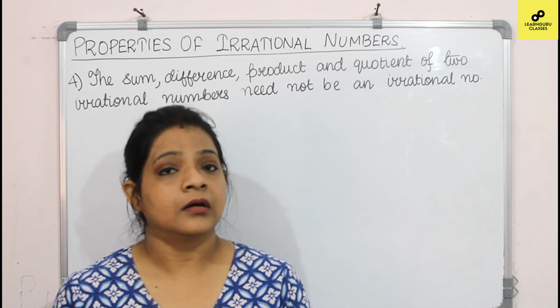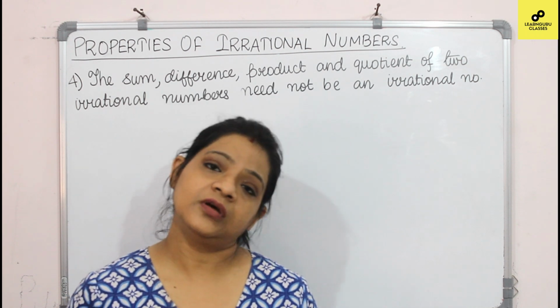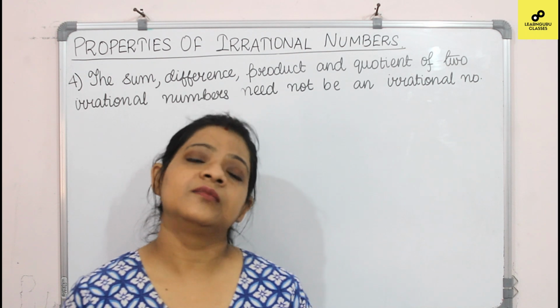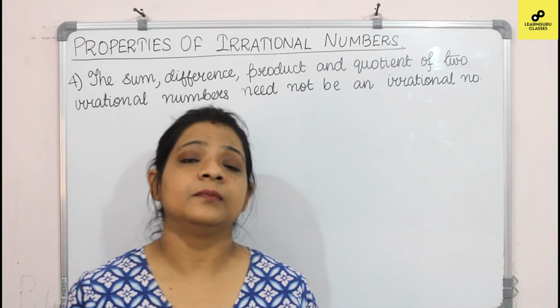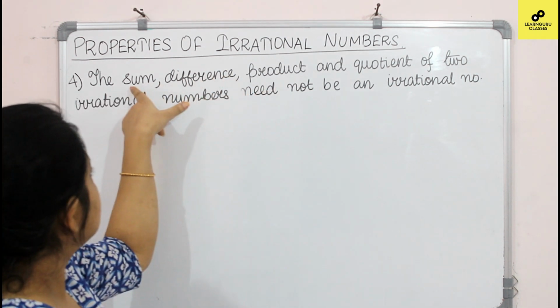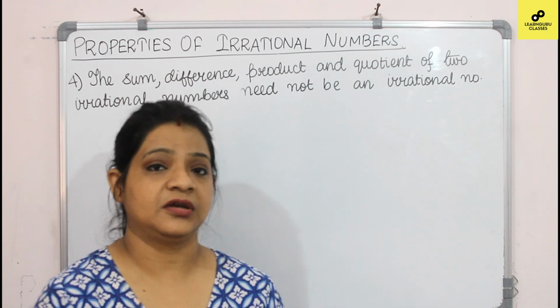If we divide two irrational numbers, the result may be a rational number. Similarly, if we multiply two irrational numbers, the result may be a rational number. So first, let us see how the sum of two irrational numbers may not be an irrational number.